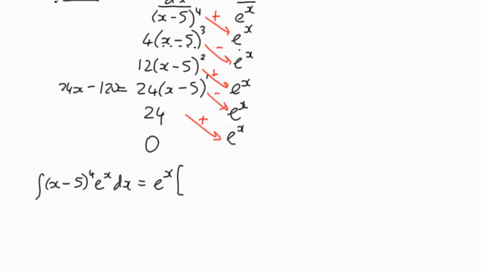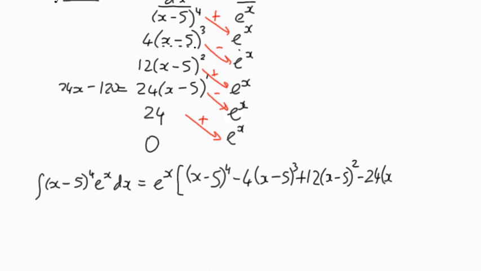So it's just going to be x minus 5 to the power 4 e to the x minus 4 times x minus 5 to the power 3 times e to the x as your common factor, plus 12 times x minus 5 squared multiplied by e to the x minus 24 times x minus 5 times e to the x plus 24 e to the x plus c.